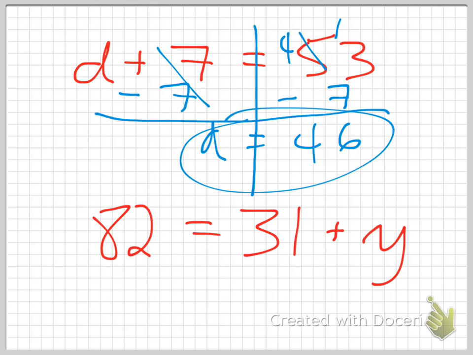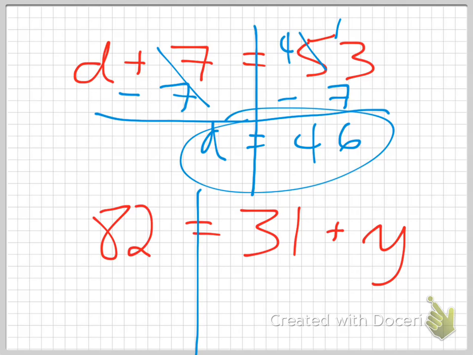Excellent. The next one. What's the first step, Emily? Line down the equal sign. Is the variable happy? Why not? Because he's not alone. Okay. So who's with him? What's the 31 doing to him? Adding to him. Because of this plus sign? No, it's not. It's because of the invisible plus sign over here. Again, you'll find out later why that's important.